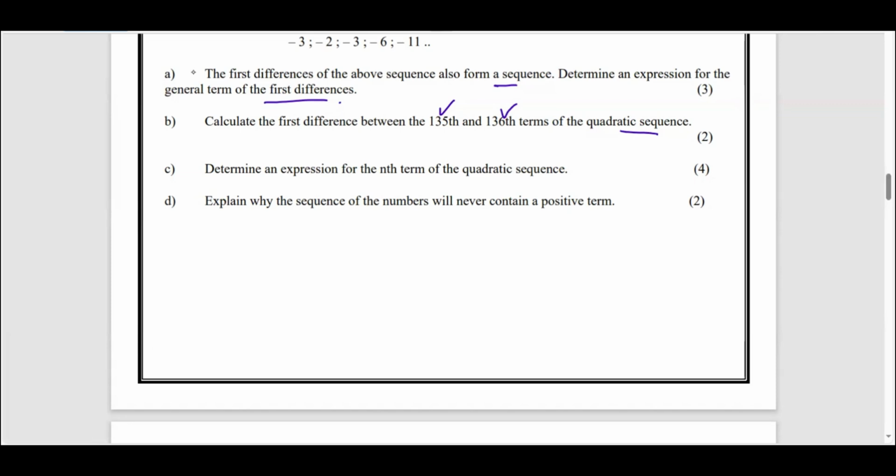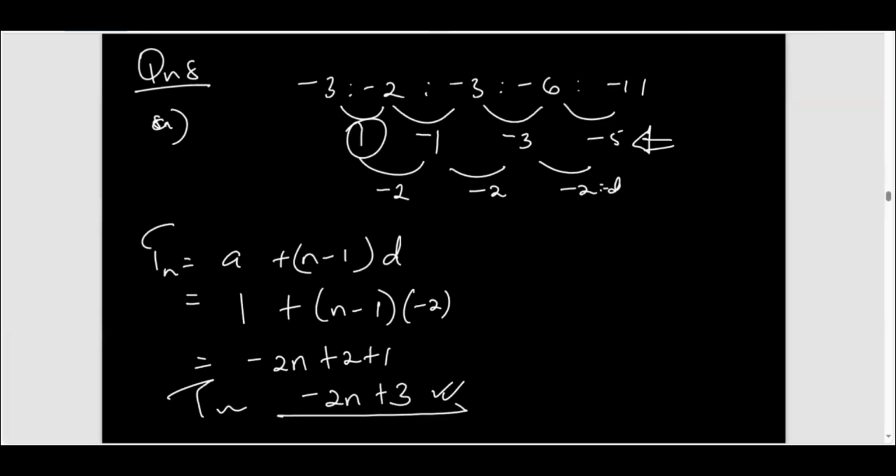Now this is what we need to know. We know that the first term of the first difference is between T1 and T2 of the quadratic. The second term of the first difference is between T2 and T3.